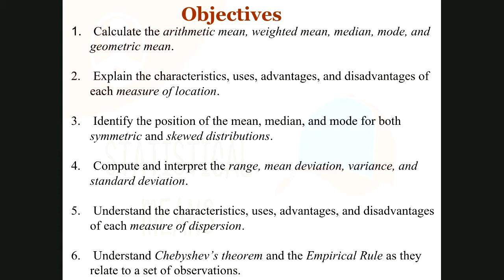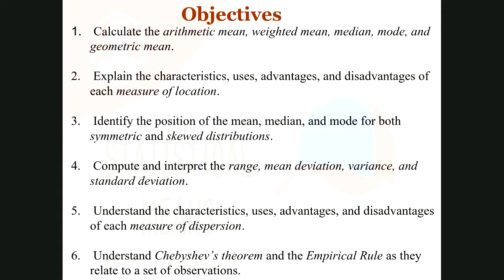I will tell you right now, unless somebody is doing some kind of analysis for their case study that involves the geometric mean or the weighted mean, you don't use those very often. And the second objective is explain the characteristics, uses, advantages, and disadvantages of each measure of location. So where is this data relative to other data?